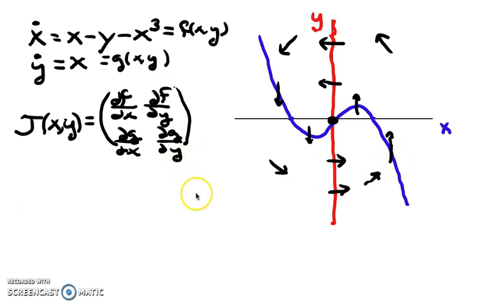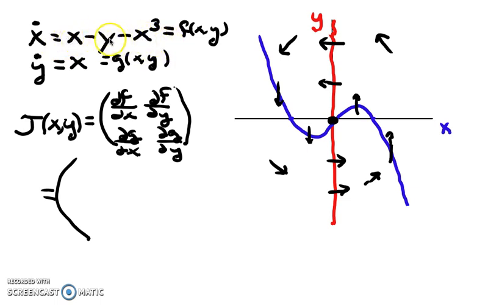All right, now taking these partial derivatives is not difficult. For the first equation, the derivative with respect to x is just taking the derivative of this polynomial holding y fixed.